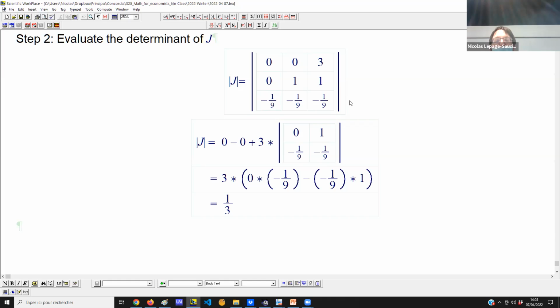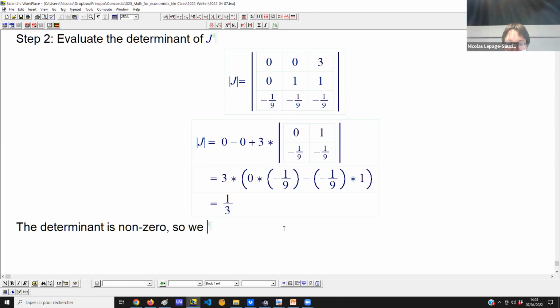Another way of doing it would have been to just realize that if I flip the rows, then the sign of the determinant changes. But the only thing we care about is whether it is non-zero or is it 0. And here, the determinant is non-zero.